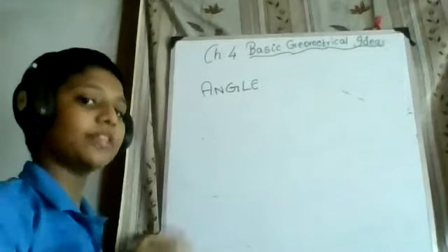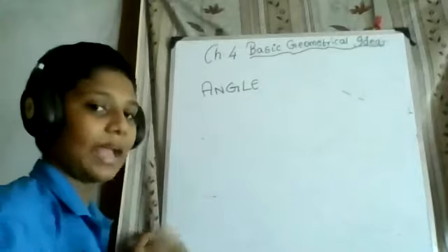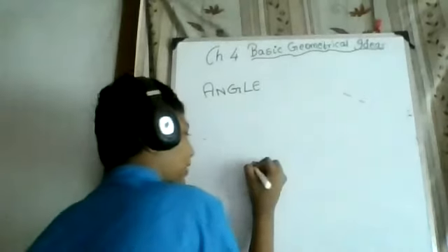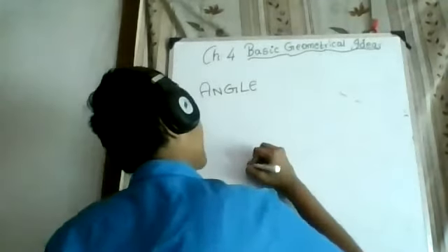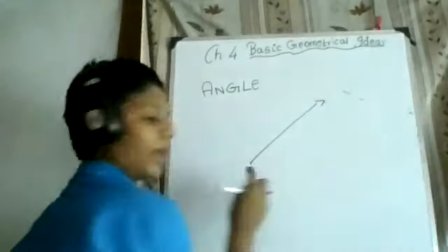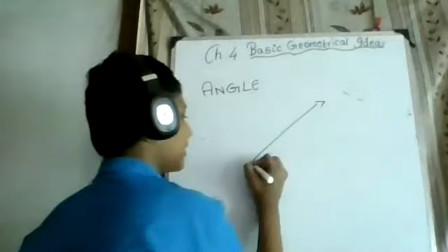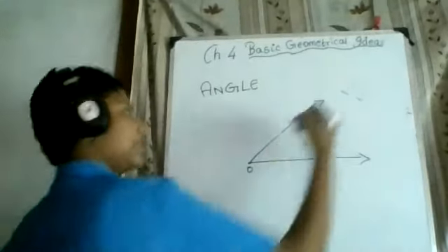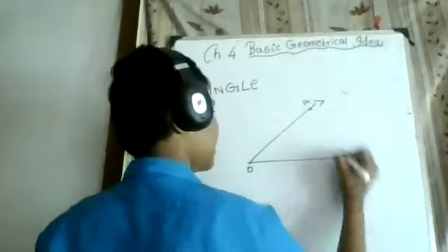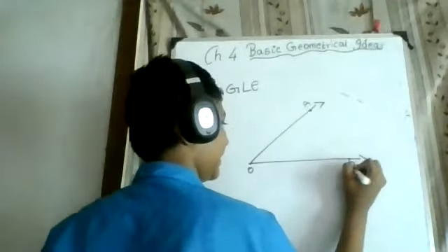The starting point is common for two rays, then an angle is formed. See like this. Now let us take O, and we can draw infinite rays from this starting point. See, two rays we have drawn, and this is ray OA and this is ray OB.